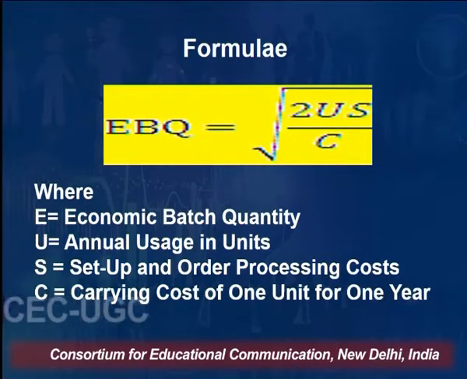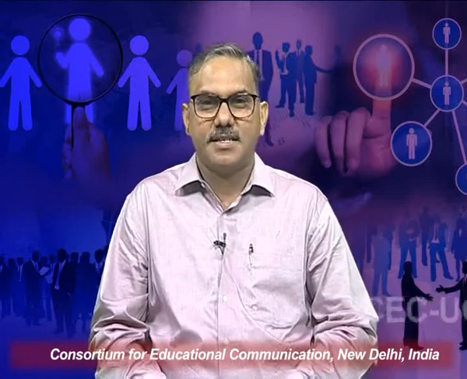So my dear learners, it is just like computing economic order quantity, but it is different, because here we are focusing on the batch, that is, what should be the minimum size of a batch in which we need to manufacture. So if you find that a particular company is manufacturing 10,000 pills of a particular medicine in one batch, then there is a logic behind that.